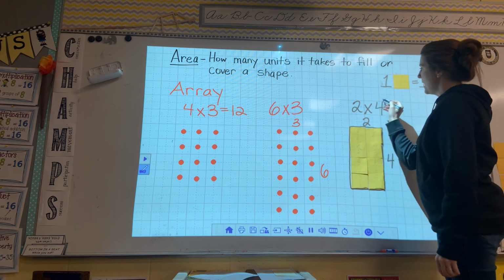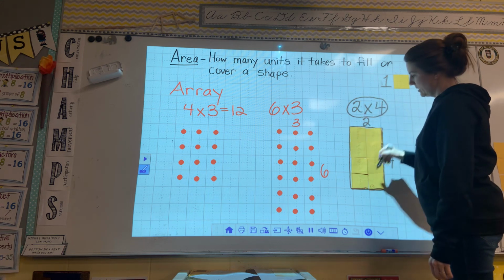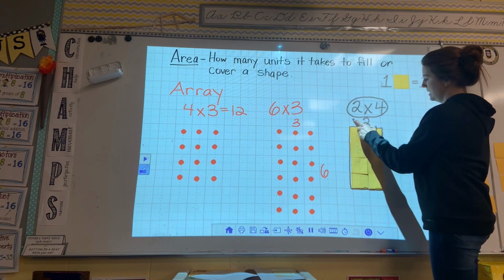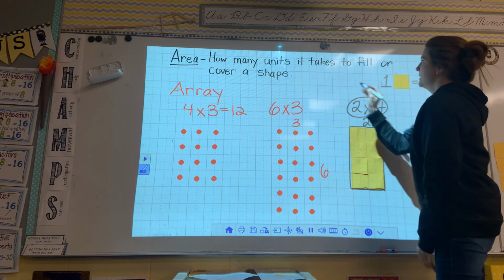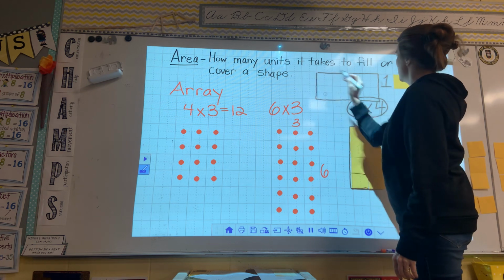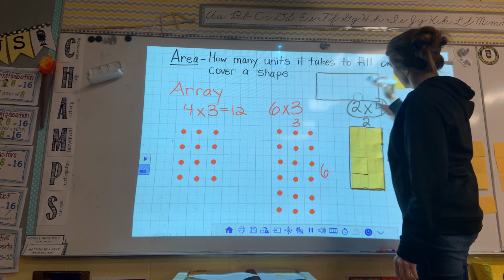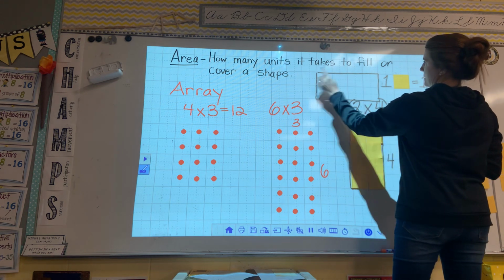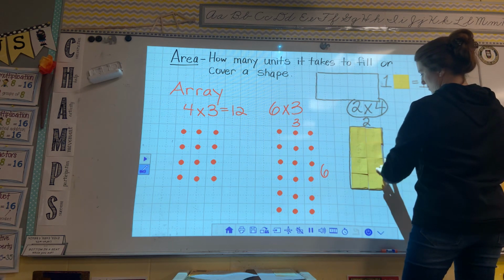Okay? That's why this works to figure out the area, because we're talking about the width, which is the 2, and the length, which is the 4. And of course we could switch that around if we wanted to and go this way, right? And say that it was 4 times 2 or 2 times 4.